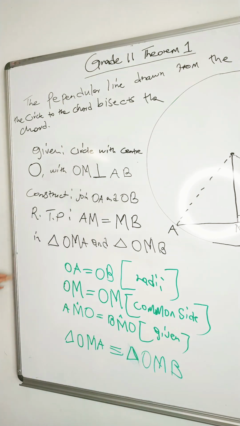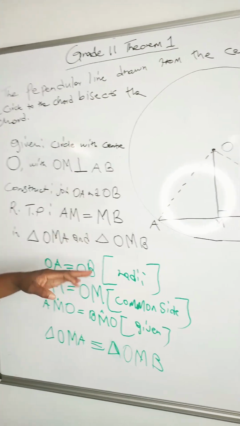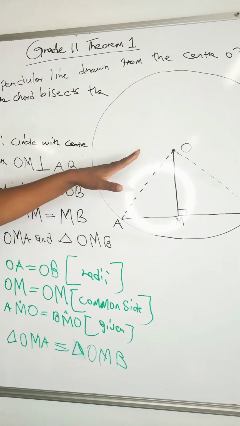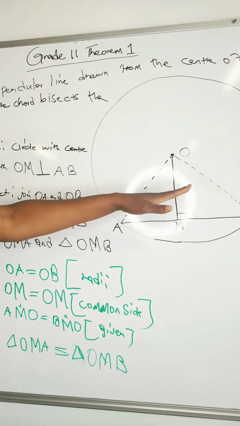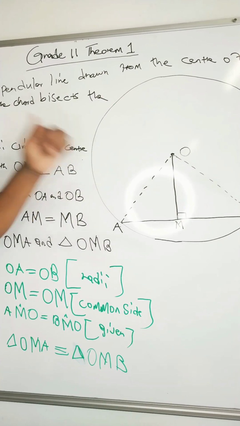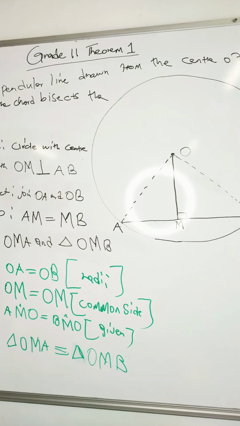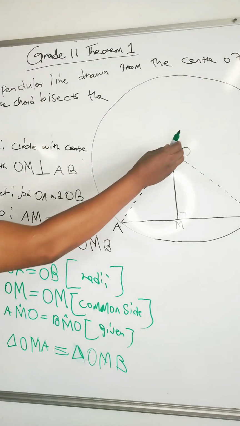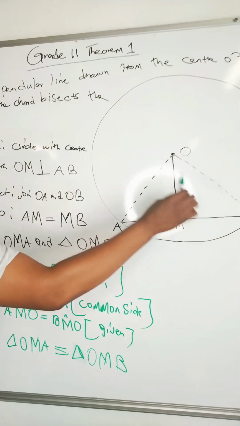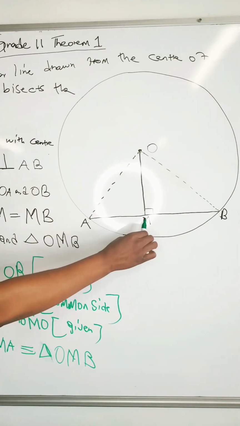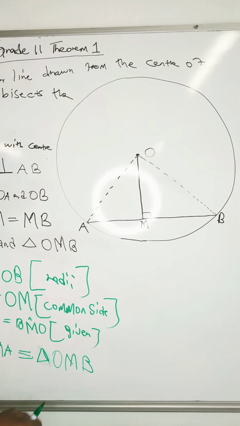OMB. What is the meaning of congruency? It means the two triangles have got what? Equal sides and angles. So this side equals that side, this side equals that side. Then what does that mean?